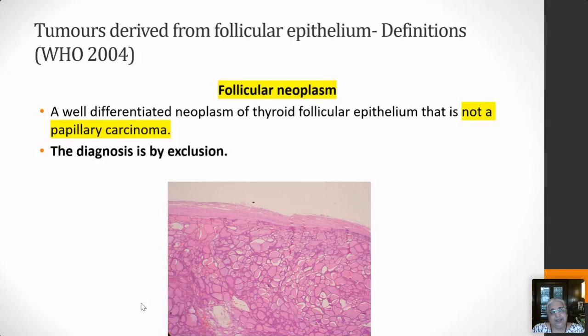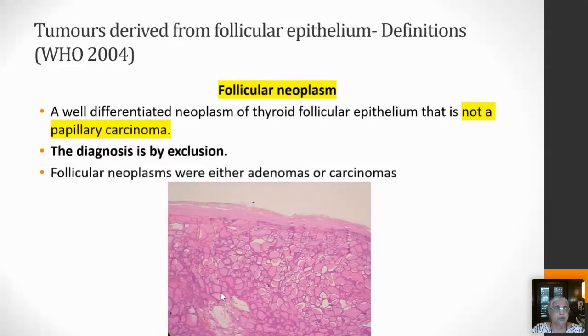And it is always follicular, because if it were papillary, then it was not likely to be called a follicular neoplasm. So it's always follicular, but it must not have the nuclei of a papillary thyroid carcinoma. So this diagnosis was by exclusion. And you had two follicular neoplasms. One was an adenoma, and the other one is a carcinoma.